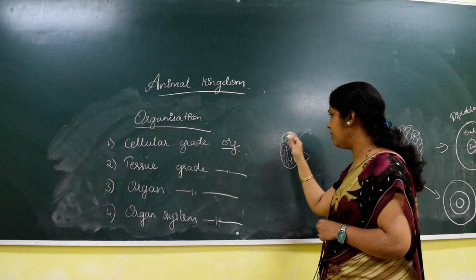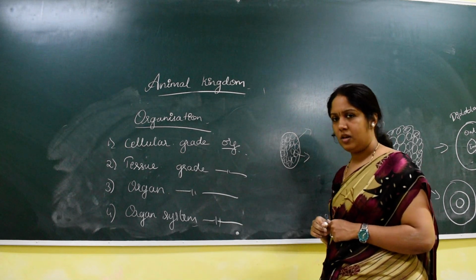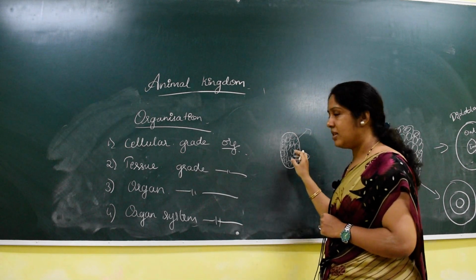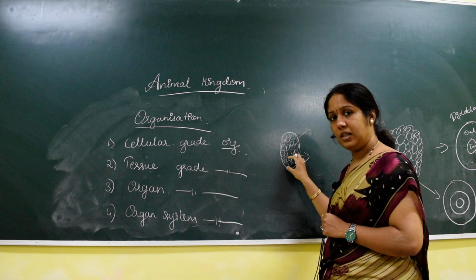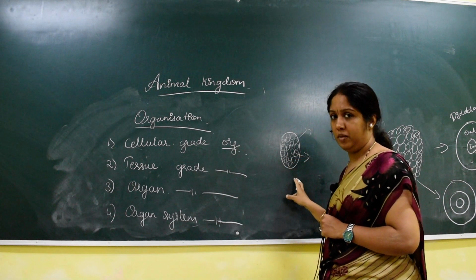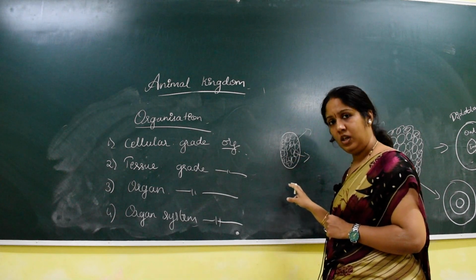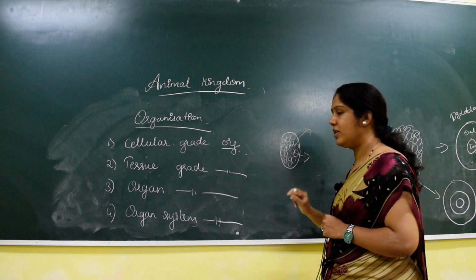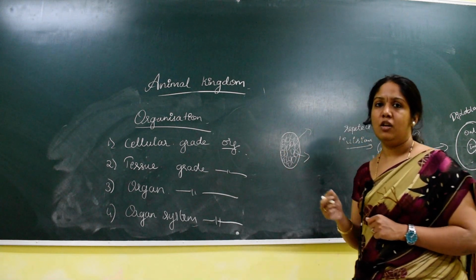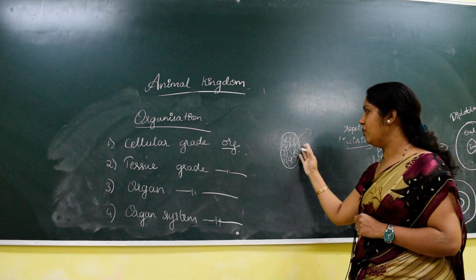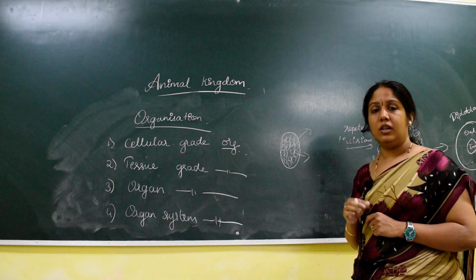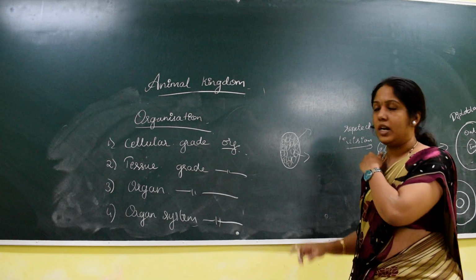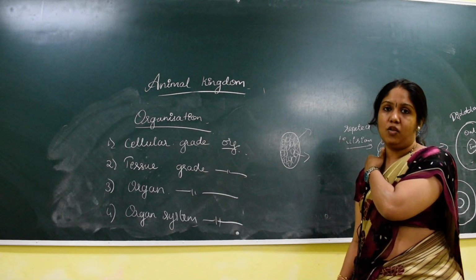So hence it exhibits a number of cells, but there is no formation of tissue. That is very important. There is no formation of tissue. Instead, different cells are involved in different functions. That type of organization is called cellular grade of organization.